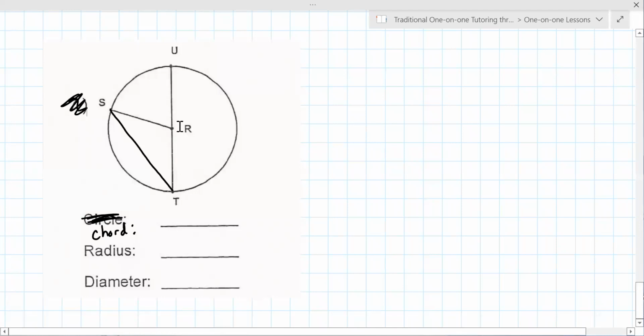The center of the circle is R. I want you to give me the chord segment, the radius segment, and the diameter segment. There's potentially more than one right answer, but I'll take anything that you want to give me. Give me a chord from the picture, a radius, and a diameter.